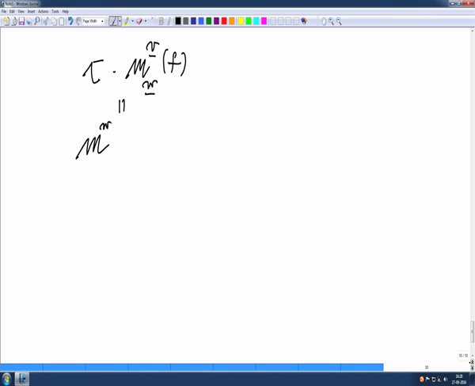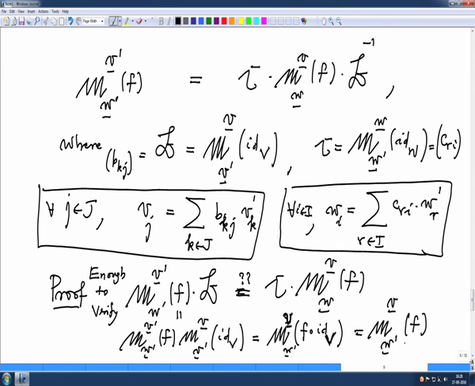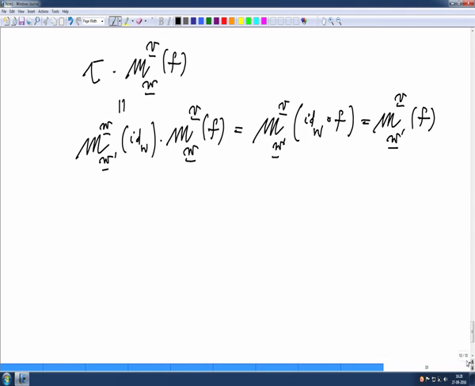So that is M_{W W prime} ID_W times M_{V W} F. This is the same as M, obviously ID_V on the left, composed with W, and with the same idea you cancel this W and write from V to W prime, which is M_{V W prime} F. But this is what the other side also is, as we just noted. So this side is also this. So we proved both sides are equal. So this proves it. QED.